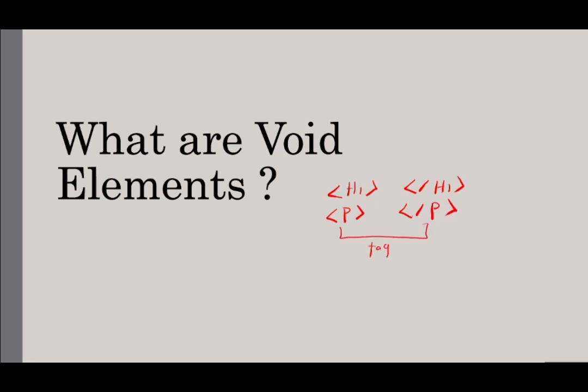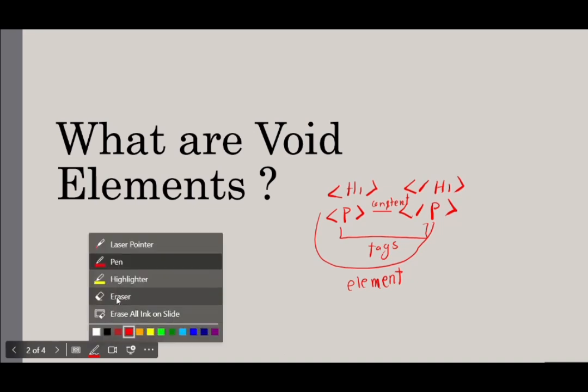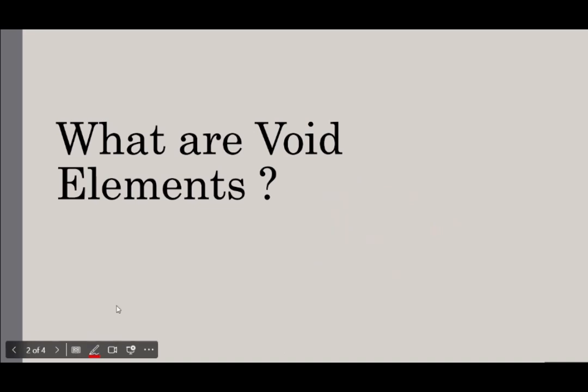These are the tags, and between the tags there is some content, and when the content and tags combine they make an element, as we discussed in our previous lecture. So this was the overview of the previous lecture, and now we will give some examples of void elements.